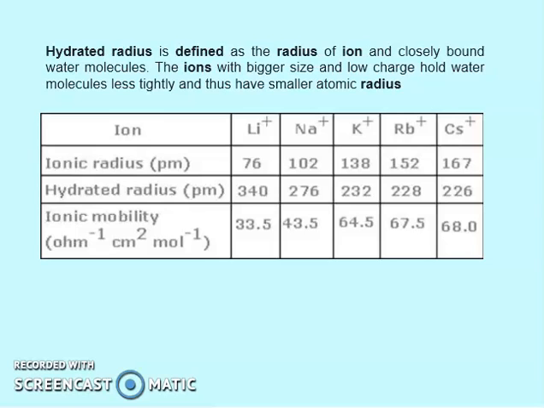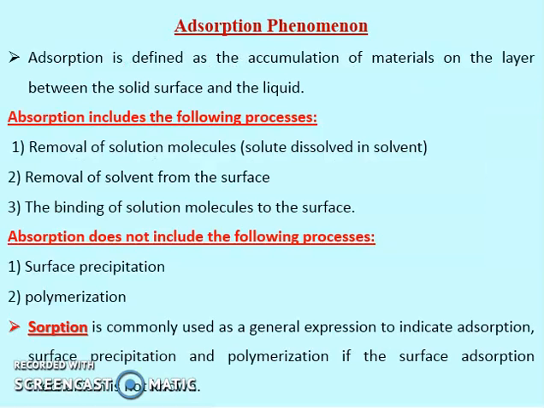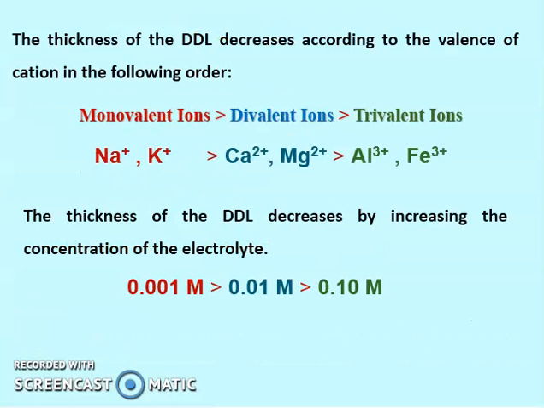So it is clear that the electric double layer is affected by the ion concentration. The thickness of the double layer decreases by increasing the ion concentration and ion valence. The thickness of the double layer decreases according to the valence of the cation as follows: monovalent cation has a thicker double layer than divalent.